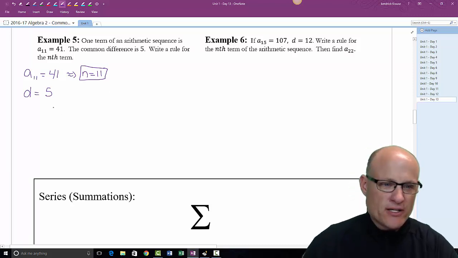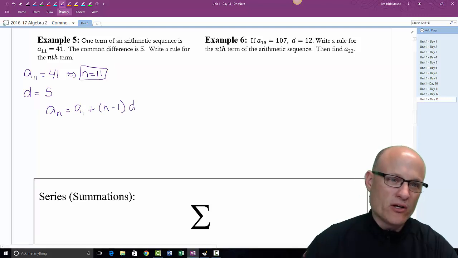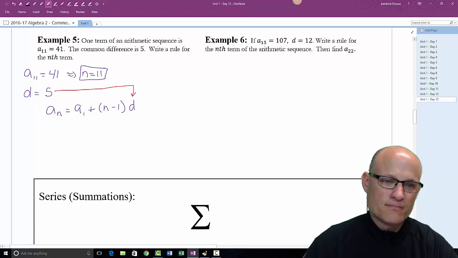So let me write this formula down: a sub n equals a sub 1 plus n minus 1 times d. Now let's see what we know. We know d. We know n. Now n's 11, which means a sub 11 must be 41.